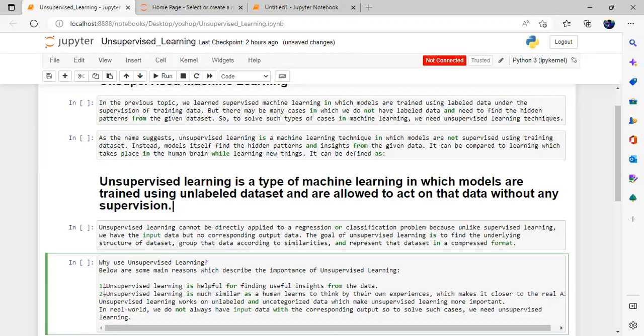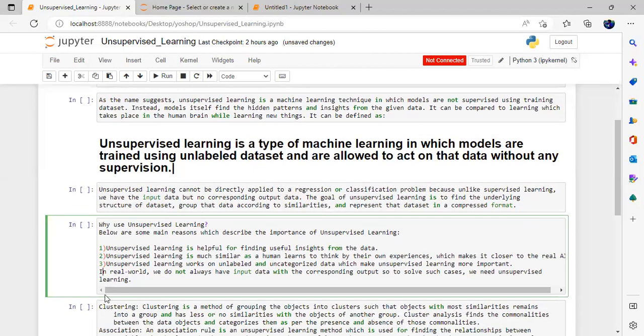If you study deeper, then after reinforcement comes deep learning, and then the CNN part, that is neural networks, which is like your human brain. The way we have neural networks in our brain, the same you will study in AI. So unsupervised learning is one step towards AI.